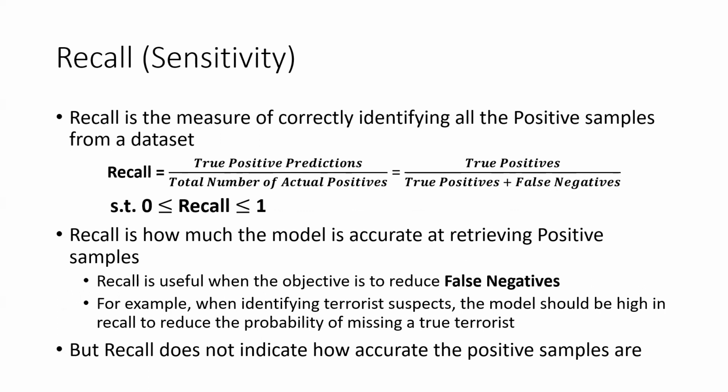The opposite of precision is known as recall, where you don't want to optimize for the accuracy of the positive outcome, but we want to get outcomes as much as possible. In other words, we want the test to be highly sensitive, right? For example, when we are trying to identify a terrorist suspect during a flight, right?